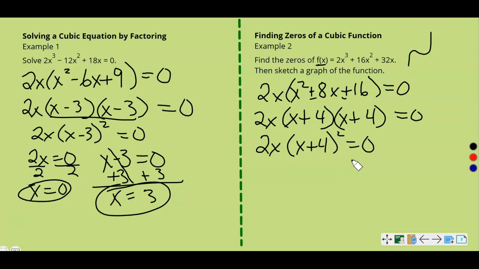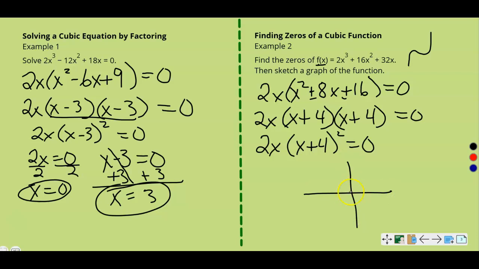All right, so what else do we know? We also know that it's going to cross the x-axis at 0. So here it's going to cross at 0, and then it's going to come down and touch at -4, because if I do x plus 4 equals 0, subtract 4 from both sides, that's going to be -4. So if we want to sketch this graph, let's draw a little graph here.